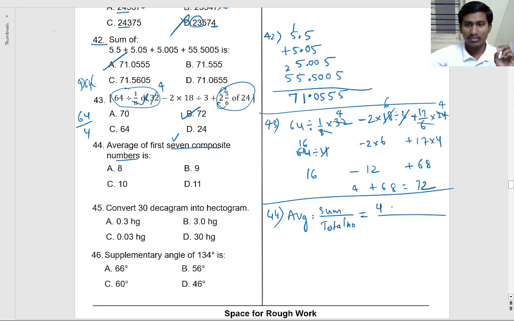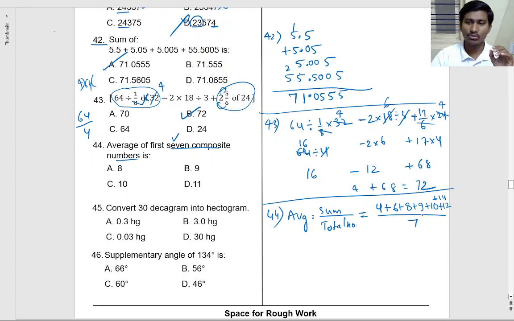So first is 4, after that we have to find the sum, so 6, plus next is 8, and then 9, 10, and then next is 12. So 1, 2, 3 and 3, 6, plus 14 also we have to add, that is the seventh composite number. So divided by the total number, how many are there, 7.